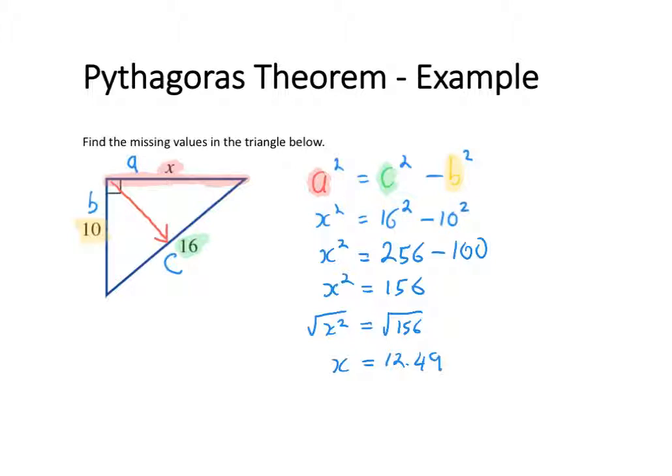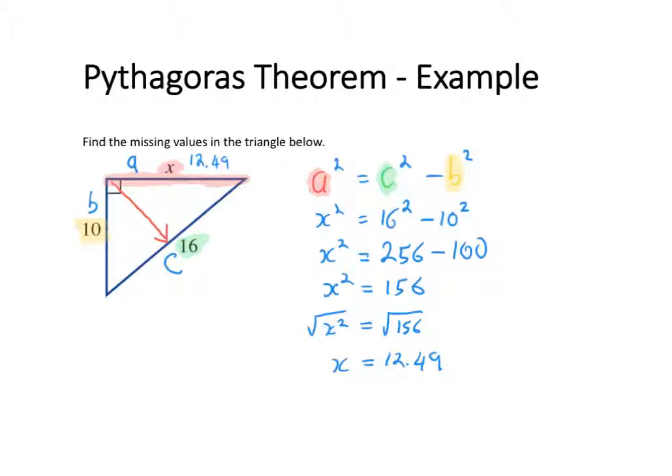So now that I've got a value for x, I need to go through and do a common sense check to make sure that my answer makes sense. So writing that back on my original diagram in the example, 12.49, I need to make sure that it is shorter than the hypotenuse side, because I know that the hypotenuse side needs to be the longest side.